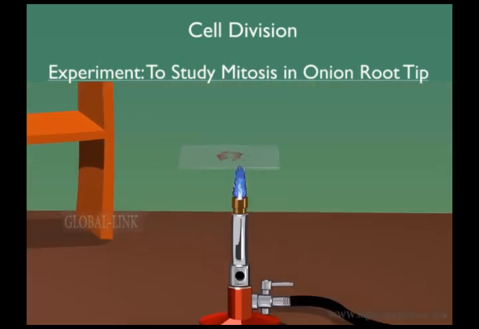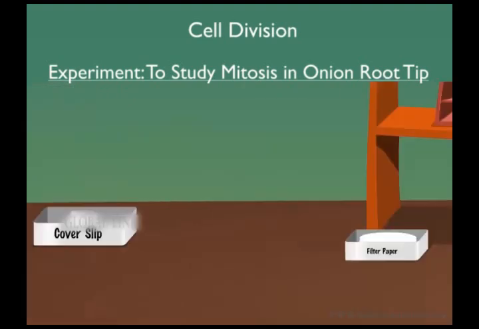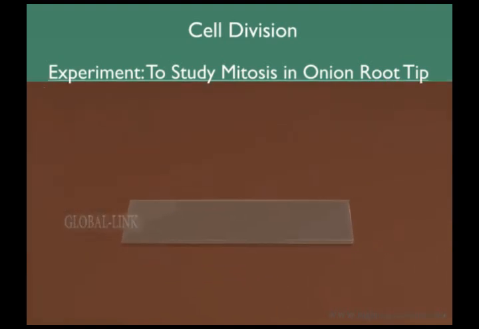Warm the slide and its content slightly on a burner. Carefully remove the excess stain using a filter paper. Using a blade, cut the comparatively more stained portions of the root and retain it on the glass slide.